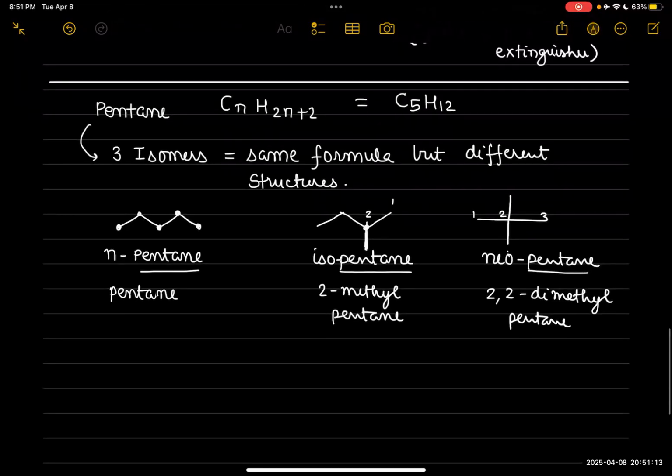I hope this is clear to all 3 of you. These are the isomers of pentane. They have the same formula but different structures, due to which their physical properties are different. Their boiling points are different. Got it?